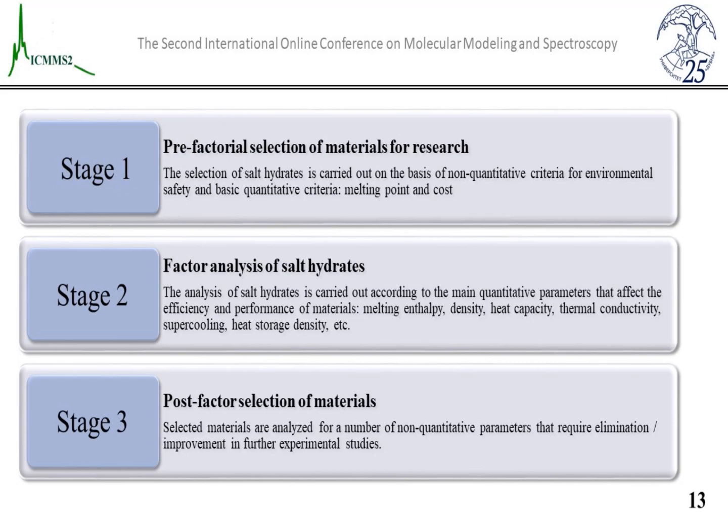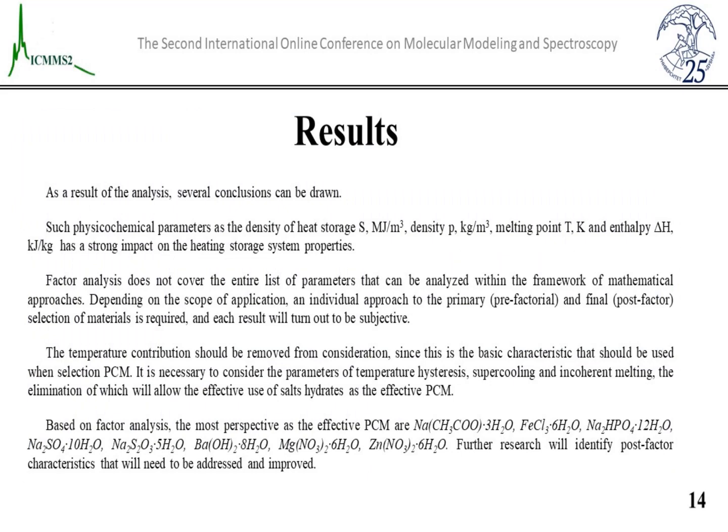In the study, we also choose the most influential criteria. In addition, post-factor selection of materials, in which salt hydrates are selected according to critical non-quantitative and quantitative criteria that can be improved. This approach allowed us to select perspective salt hydrates as phase change materials.